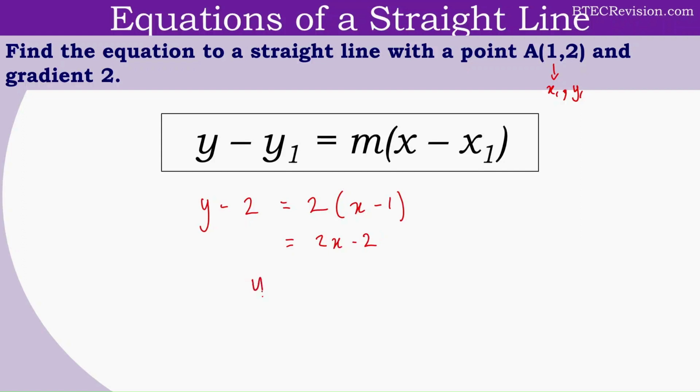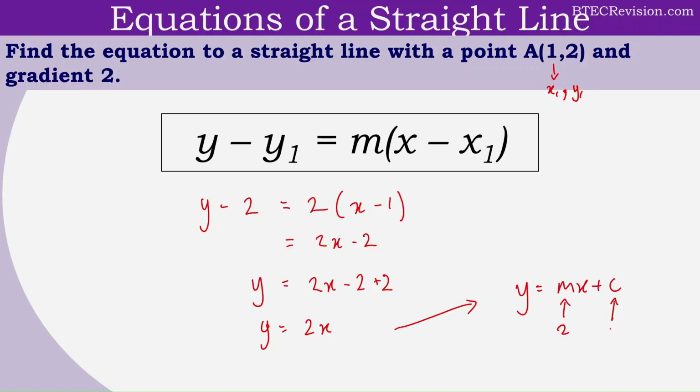So that would give us y is equal to 2x take away 2 plus 2, which is equal to y equals 2x. So you can see our c value is 0 in this case. Comparing this to the form y is equal to mx plus c, we can see that our m is 2 and c value is 0.